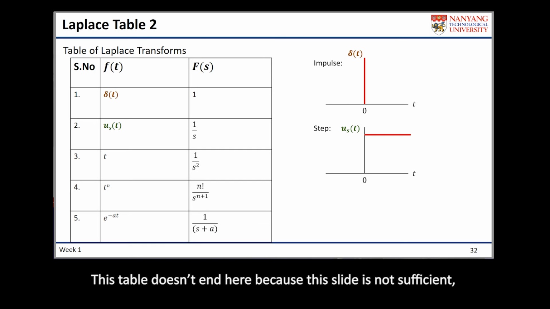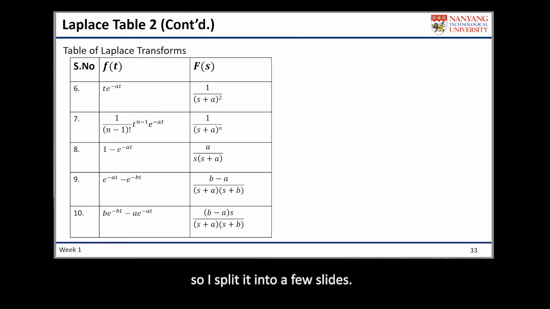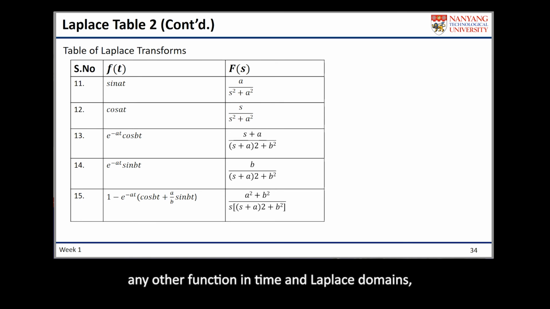This table doesn't end here because this slide is not sufficient, so I split it into few slides. This is also same table for any other function in time and Laplace domains, and then this is the third part of the same table.